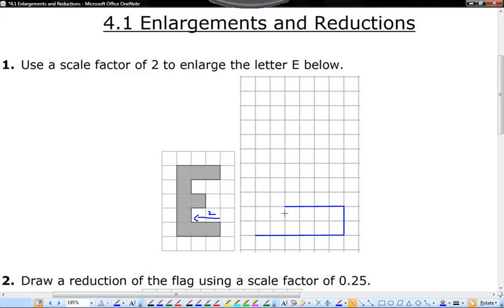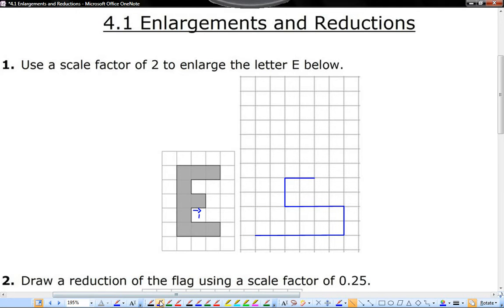And in the original one, we're going up 1 unit. So here I'm going to go up 2. And in the original one, we go right 1. So for my enlargement, I'm going to go right 2.